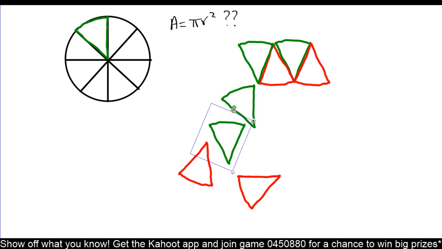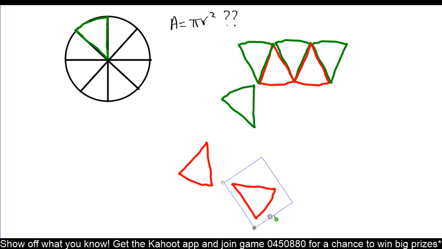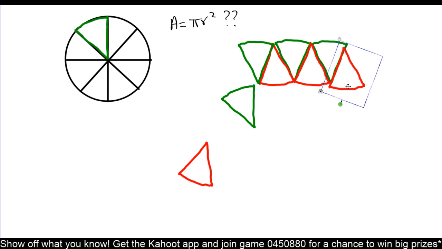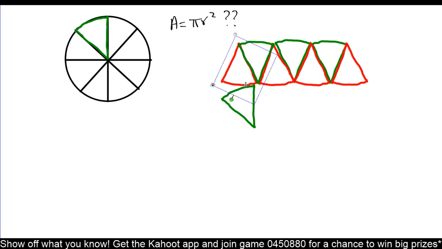I need a green. And then I need a red. And then let's do the other side. Red. And a green. Look at that. It's beautiful. It's more like a parallelogram than a rectangle, but that's okay.